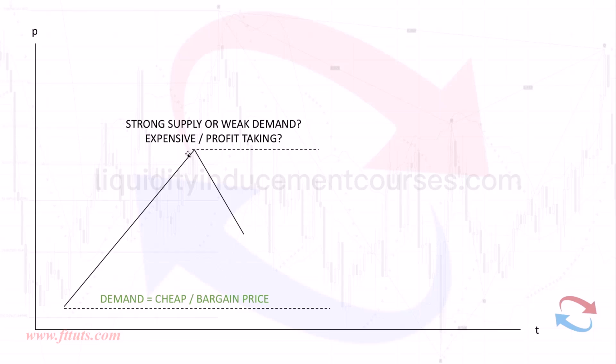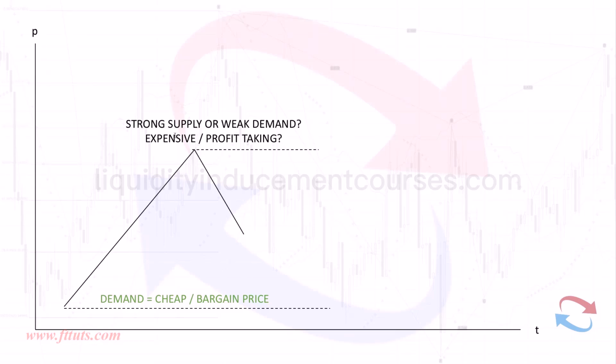So if they're looking to take profit at highs or potential highs, then it just means that this retracement is a result of less demand coming in, because this is considered a take profit area and potentially an expensive area on a price chart, because buyers are no longer willing to buy the asset at this price.